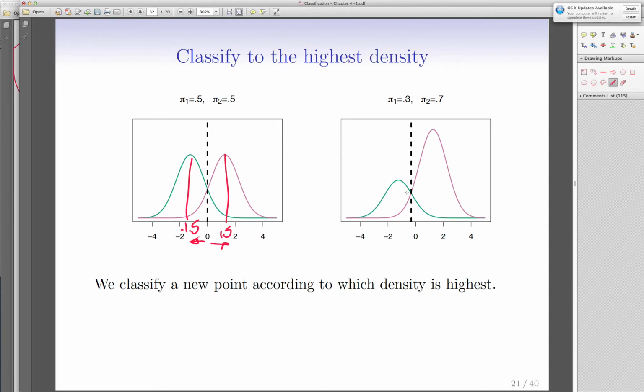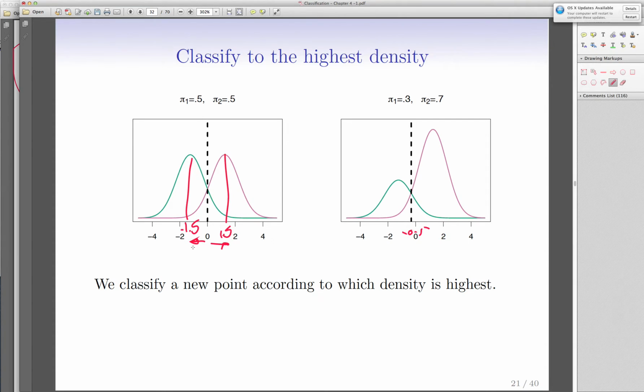In this right-hand side case, 30% of our group is green and 70% are pink. So as you can see, let's say this boundary is -0.5. We should have more solid evidence to decide that someone belongs to category green.